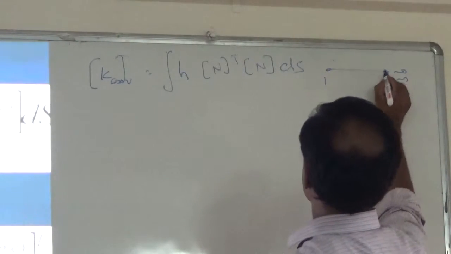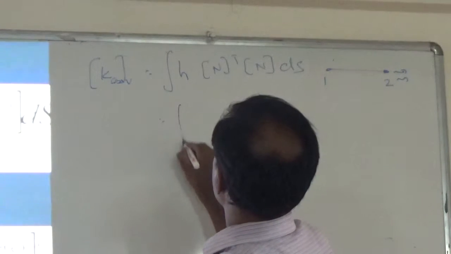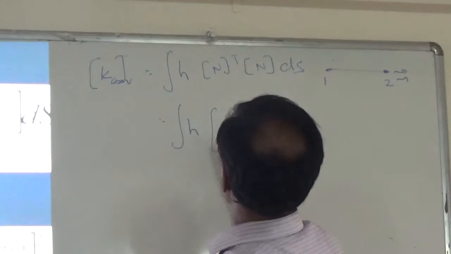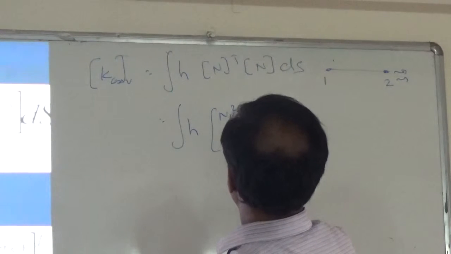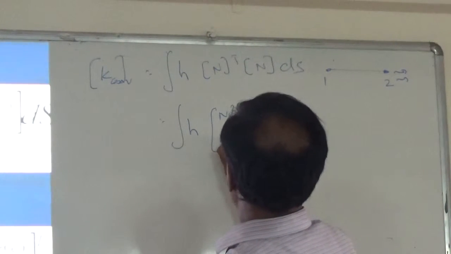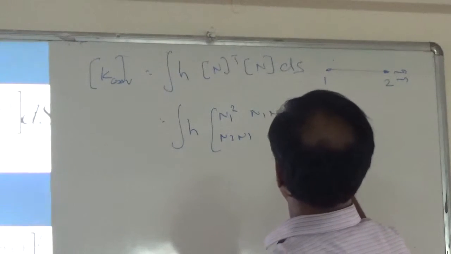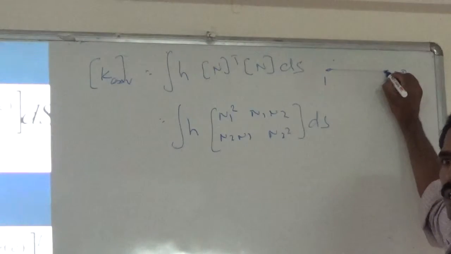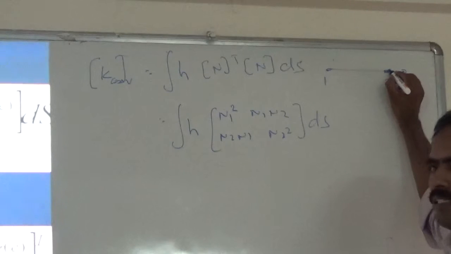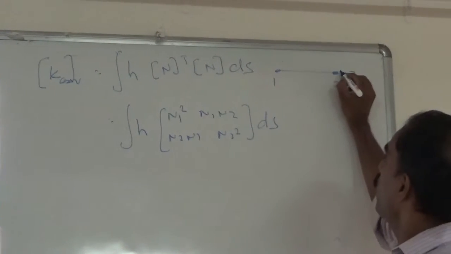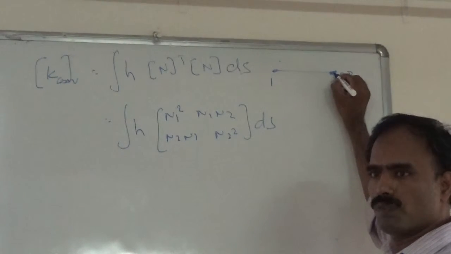See at node number 2, H N transpose N is N1 square, N1 N2, N2 N1, N2 square, ds. What is the integral of ds? At node number 2, what is N1 and N2?